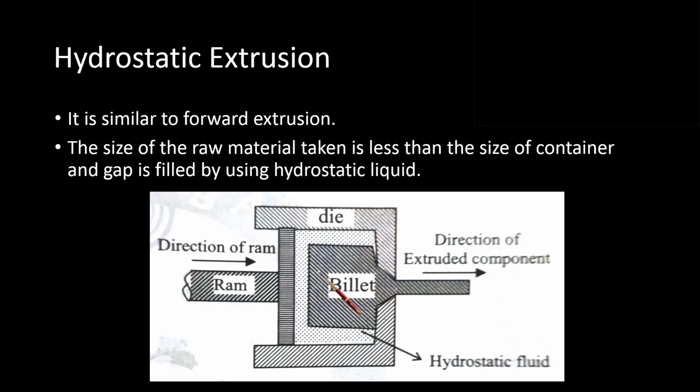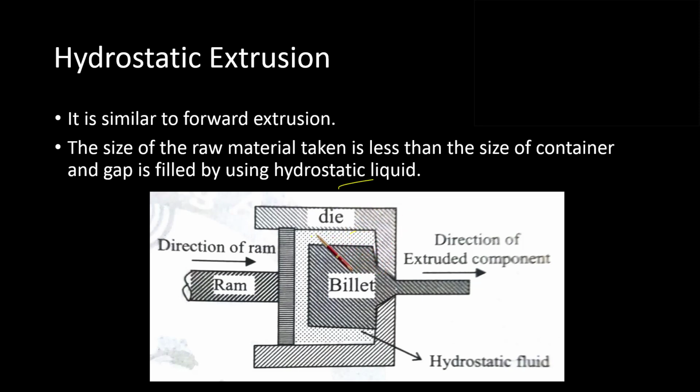Second, since there was friction, what we have done is that the whole die is not filled with the material. Rather, a smaller billet, having less volume than the die, is used, and the rest of the die is filled with some kind of liquid, a hydrostatic liquid.